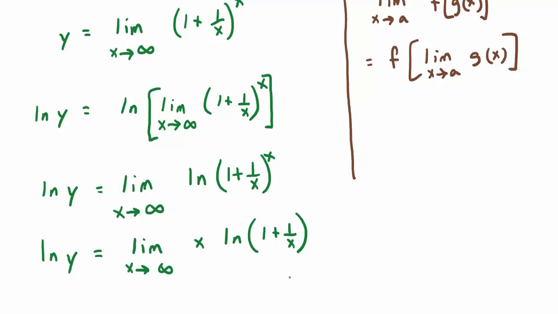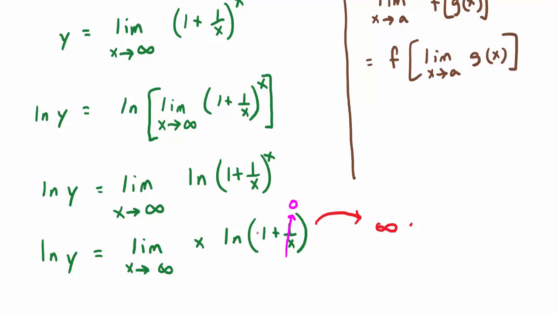But is that the right indeterminate form as written? So after the limit symbol, do we have the right indeterminate form to use L'Hopital's rule? What do we actually have upon substitution? Infinity times, well, okay, guys, if this guy is going, where is this guy going? 0.